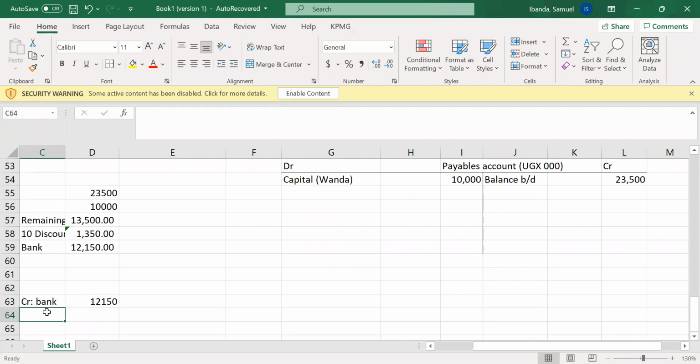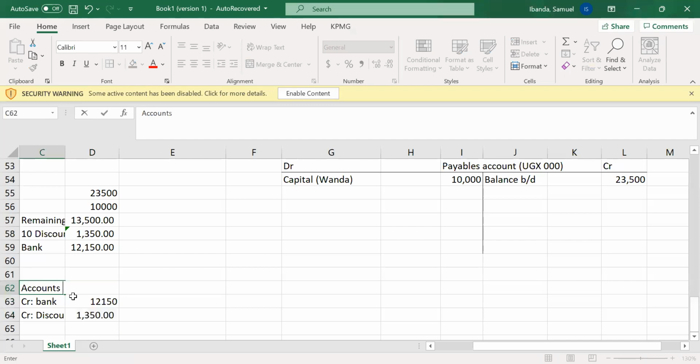So there's an income which I'll credit. I'm going to credit my discount received of 1,350. Sorry, it is supposed to be this. So the total of all this is supposed to be debited, because my accounts payable, I'm supposed to debit it by 13,500 so that my account balances off.